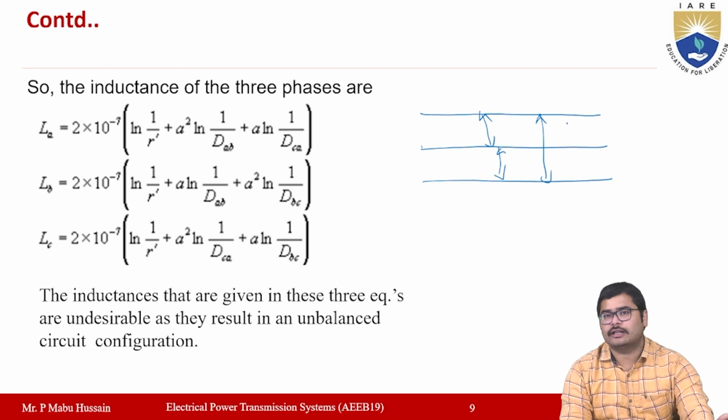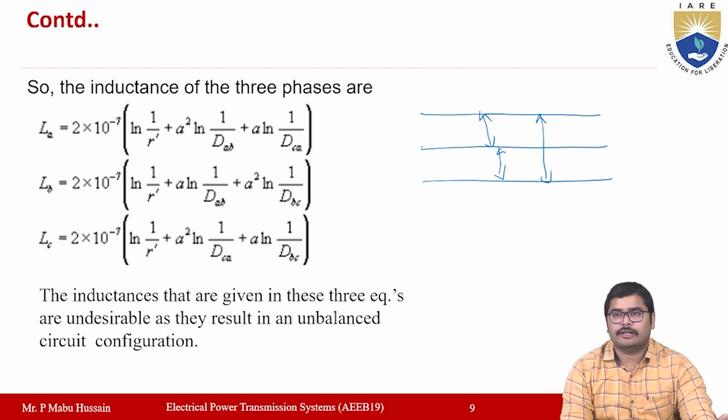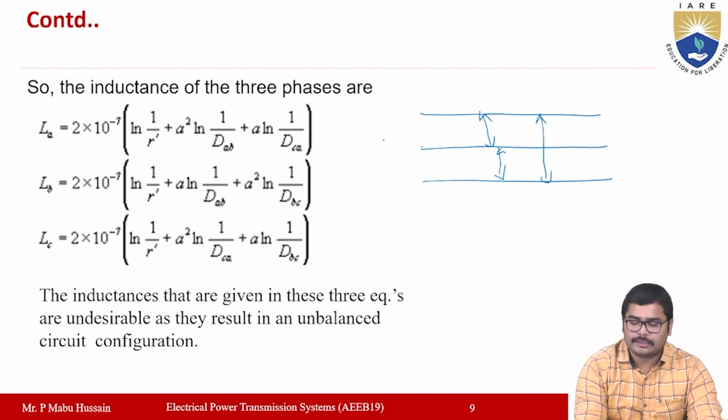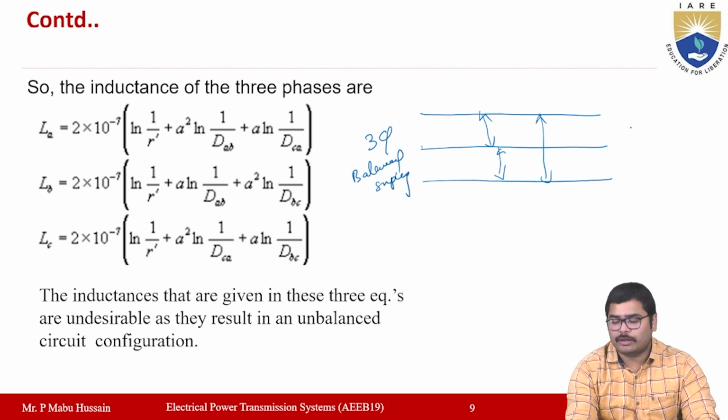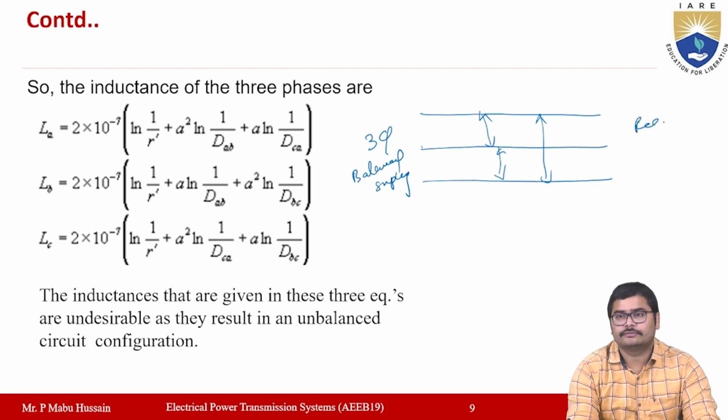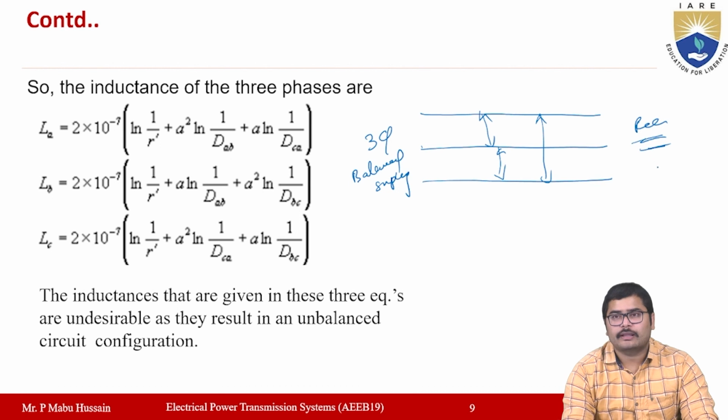That type of transmission line is an asymmetrical transmission line. Now, if you supply a three-phase balanced supply from the sending end and observe the receiving end, you will not get balanced three-phase voltages or balanced three-phase currents.